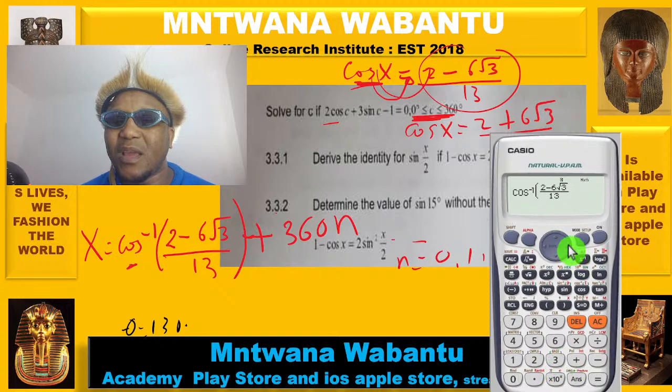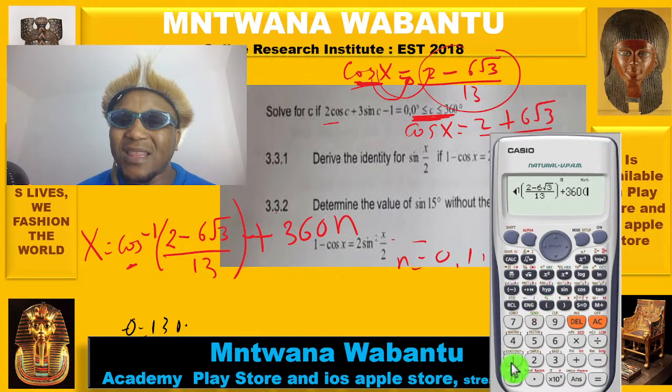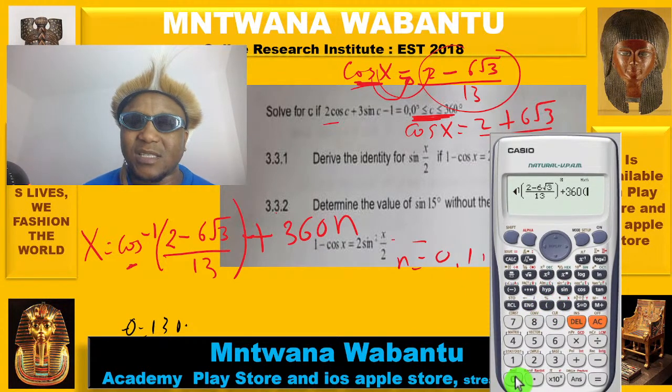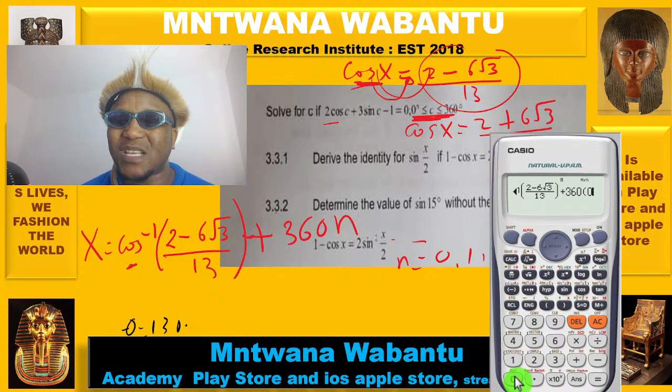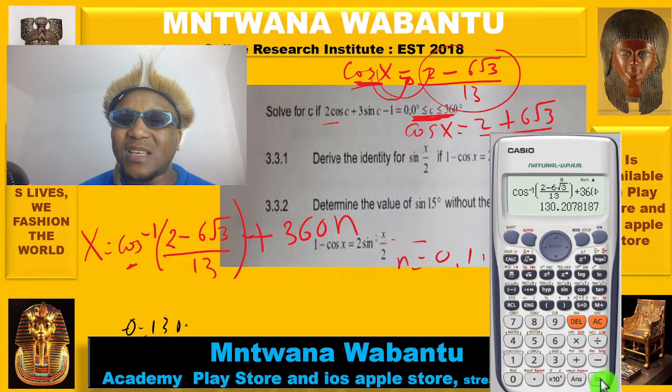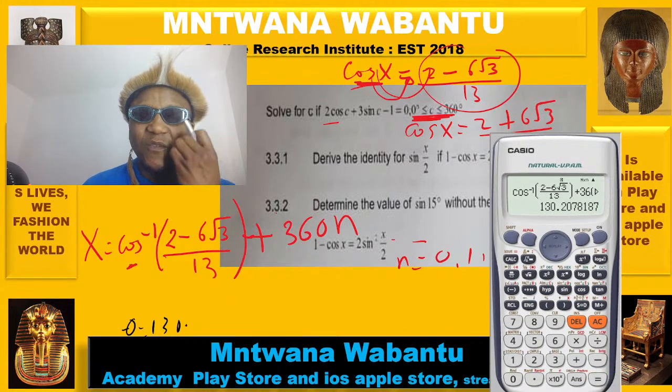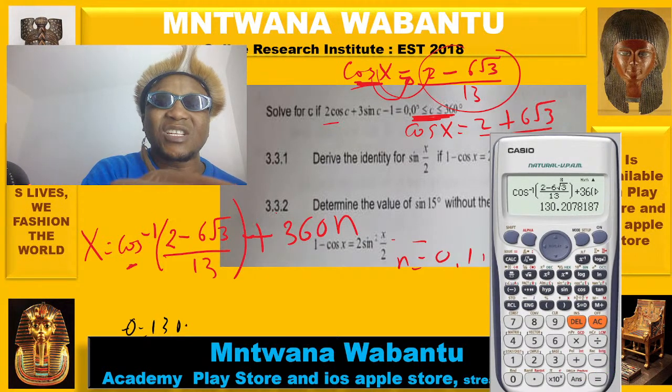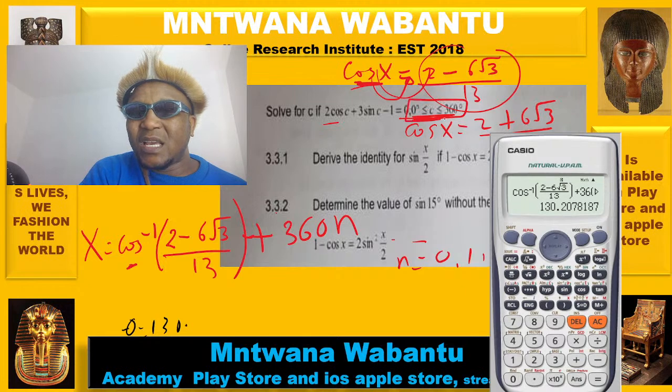Close the bracket, then add 360n, because you inverted cos. Even for sine, you must do the same thing. For n, you must press 0, 1, because those are integers. In the position of n, start with 0 and see, do I need that angle? Yes, because according to the restriction, it has to be between 0 and 360.